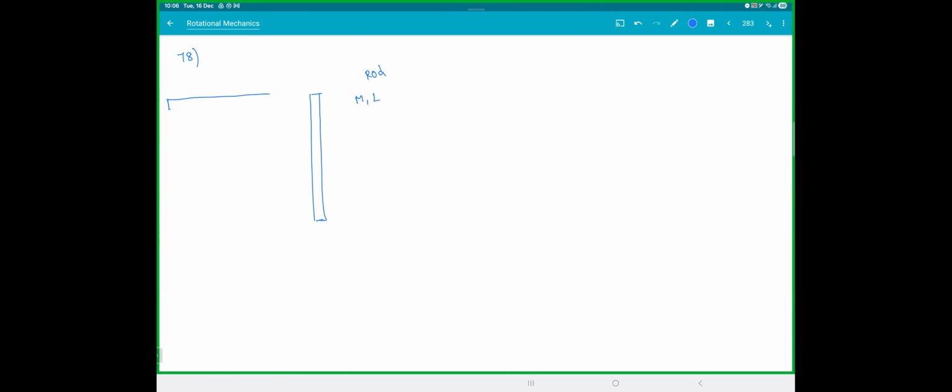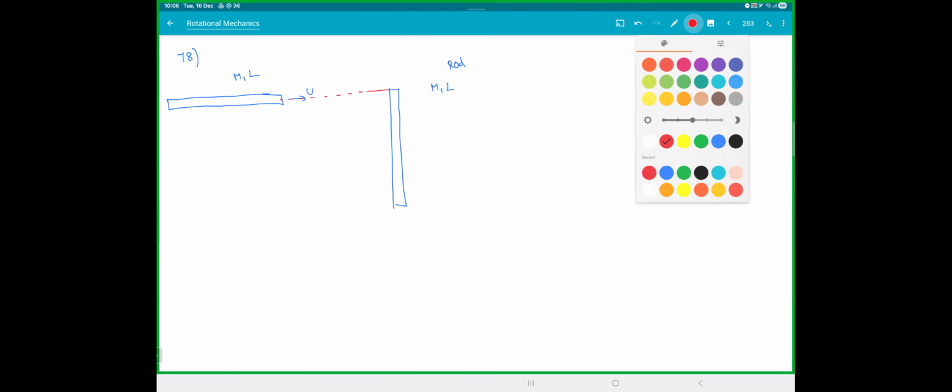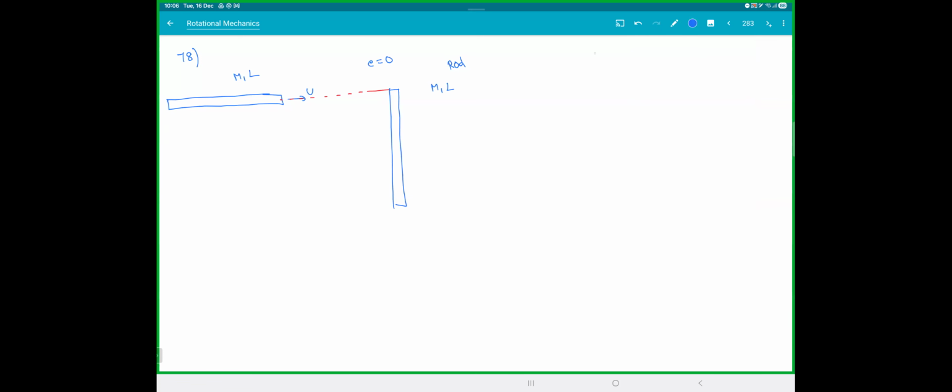Let's say instead of a particle, we have one more rod, same mass, same length, but it's coming with U. It comes and hits the center and gets stuck. E is equal to 0. So basically it forms an L-shaped rod.